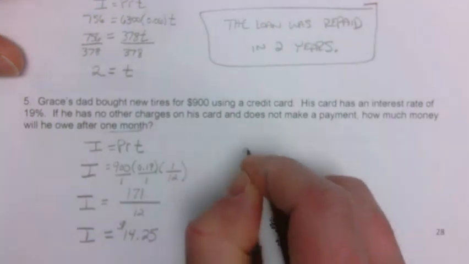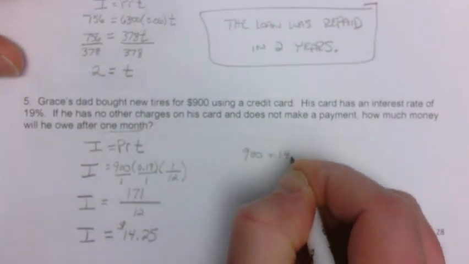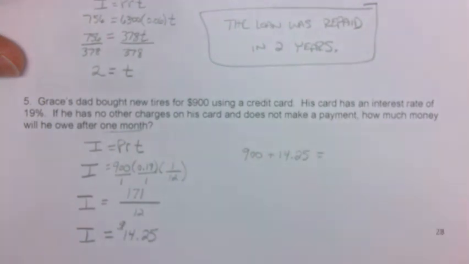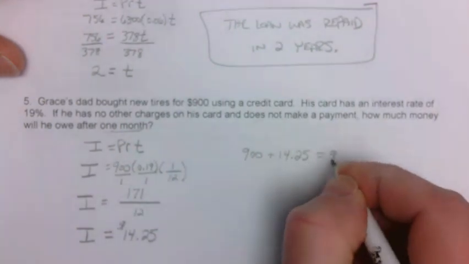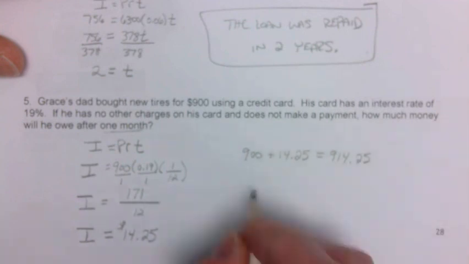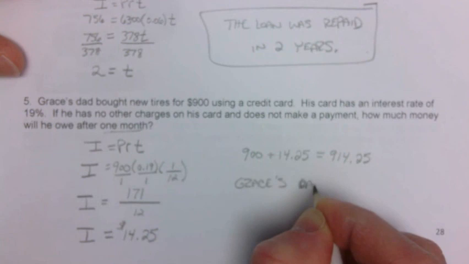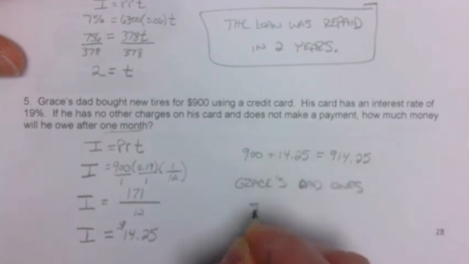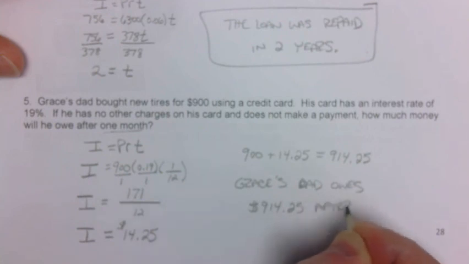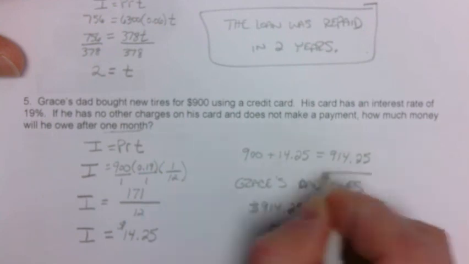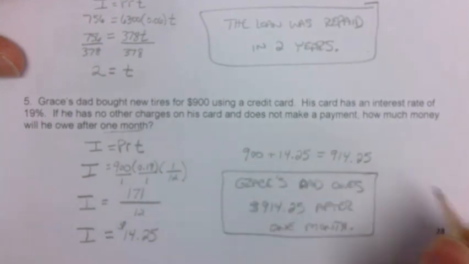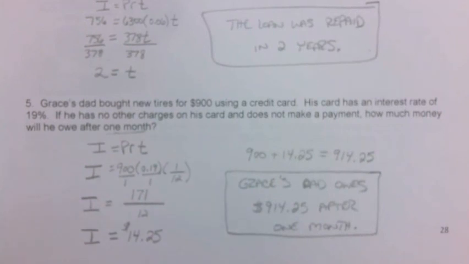So again, you do the principal, 900, plus the interest, $14.25, and that'll give you the total amount that has to be repaid, 914 and 25 hundredths, which means that Grace's dad owes $914.25 after 1 month. Okay, that price will increase if Grace's dad doesn't pay it. All right, he's going to have to pay more interest. But after 1 month, he has to pay $914.25.